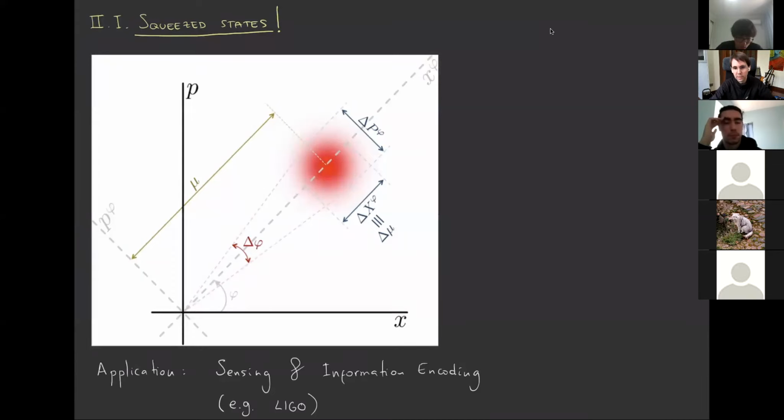And what we do for sensing and for encoding information is that the signal that we want to sense, or the information that we want to encode, we essentially encode it as fluctuations of the mean amplitude, for example. Also with the phase, it doesn't matter, amplitude, phase, or anything else.